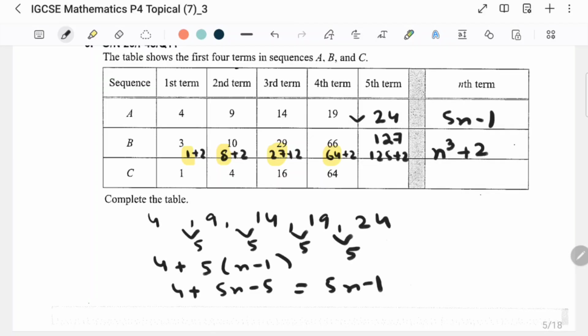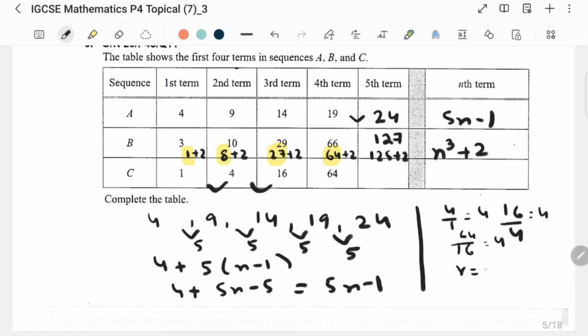Now 1, 4, 16, 64. I'm just dividing the second term by the first, the third by the second: 4 upon 1 is 4, 16 upon 4 is 4, 64 upon 16 is also 4. Everywhere you are getting 4, so r equals 4. The nth term is a r to the n minus 1.